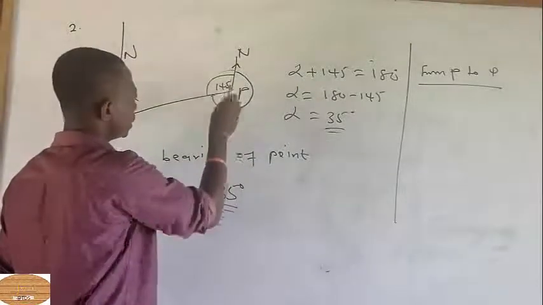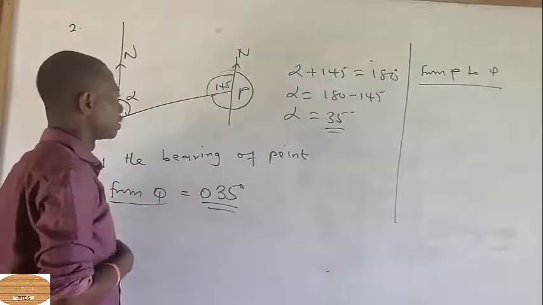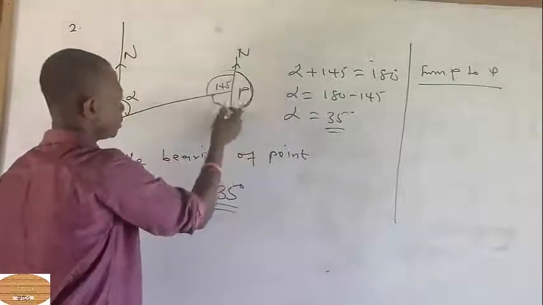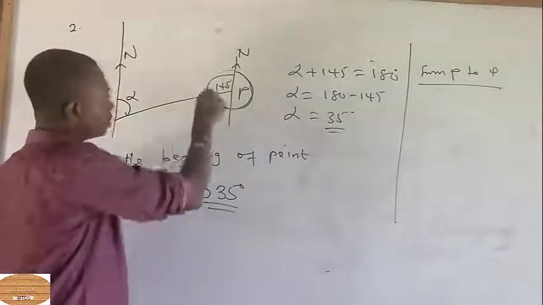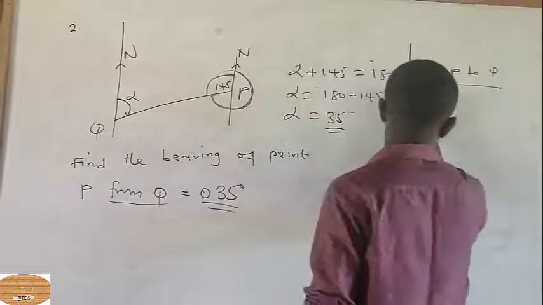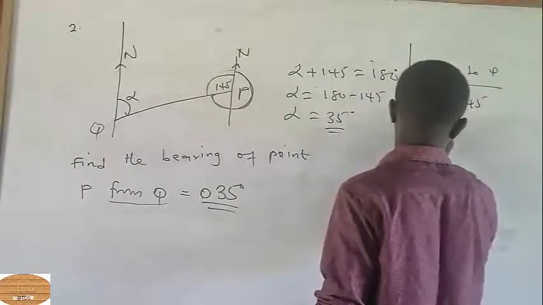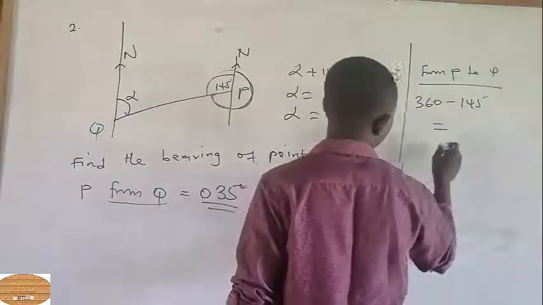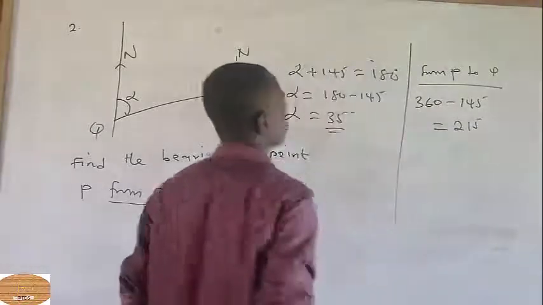We know this side is 145, so what is the angle from this side to this side? That is 360 minus 145, because the whole thing should be 360. So we have 215.